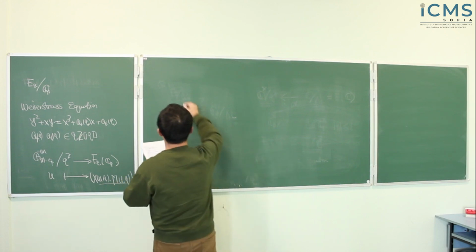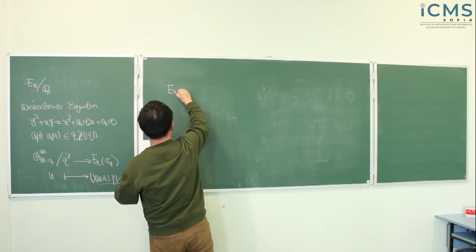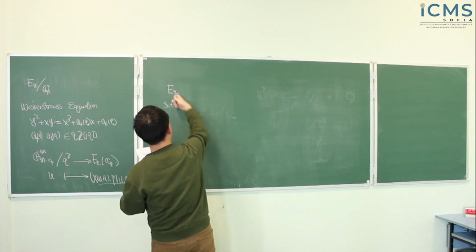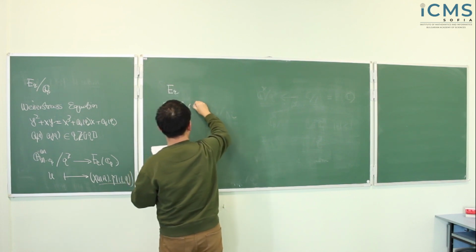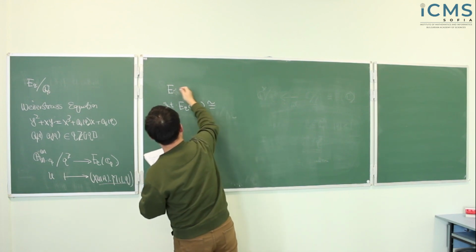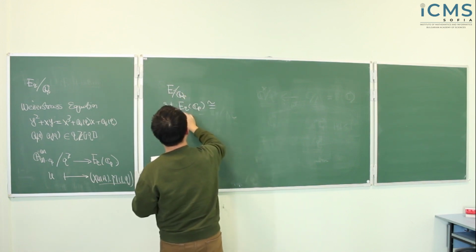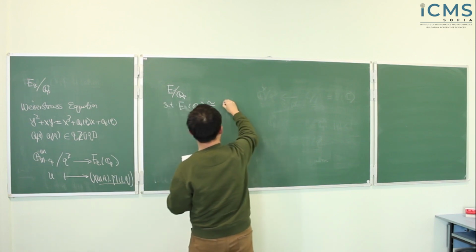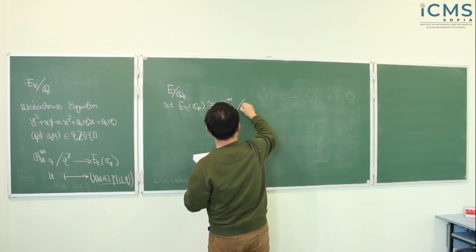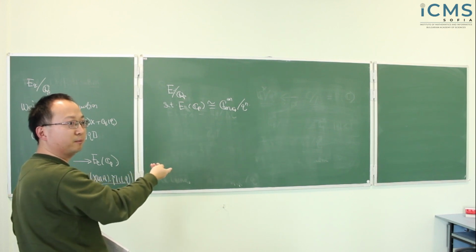Not every elliptic curve E over Q_p admits a q such that E_q(C_p) is isomorphic to it, that is, to G_m^an over C_p modulo q^Z. If we can find such a q, we say that E has a p-adic uniformization.